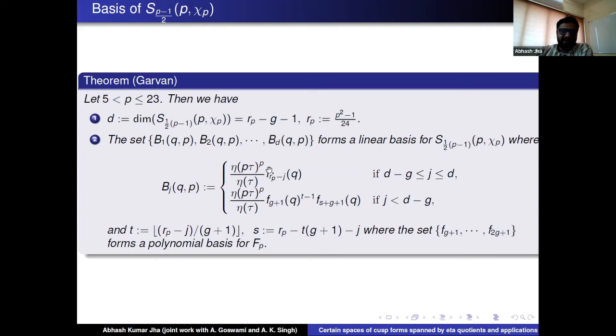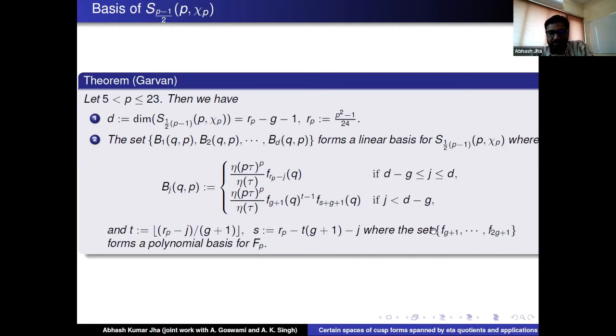And this Bj is defined something like this, depending on the running variable J. You see, this is a product of an eta quotient and these functions, these Fi's. These Fi's are basically the polynomial basis of Fp.